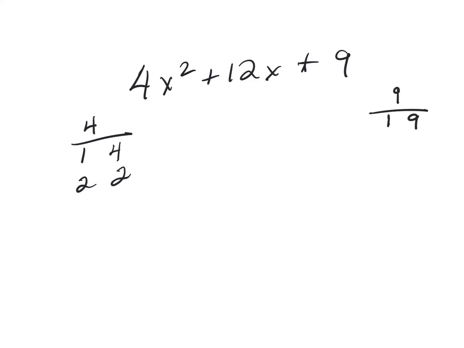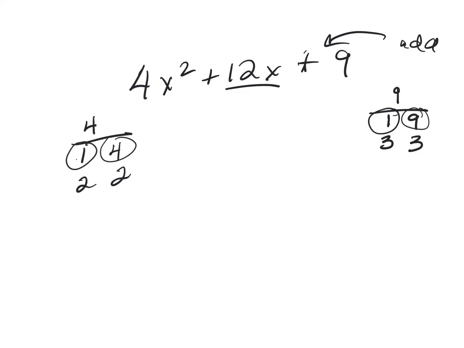These are the factors of my second term. I need to add, we're adding here. So I need to multiply this to this, and this to this, and these combinations to see how I could get 12. So if I take 1 and 1 plus 4 and 9, that adds to 37.